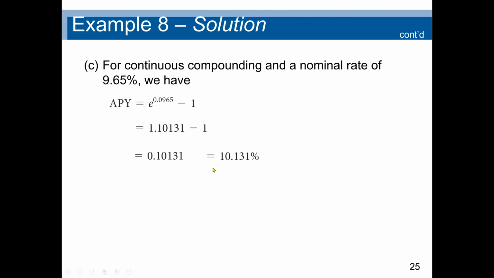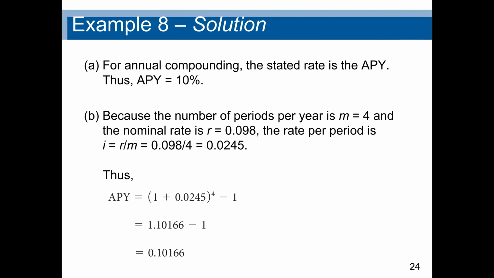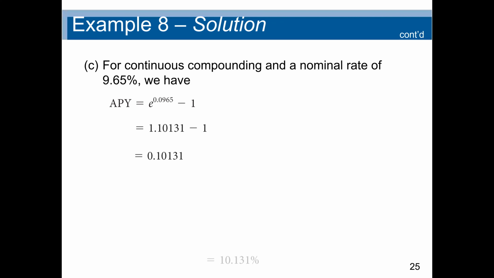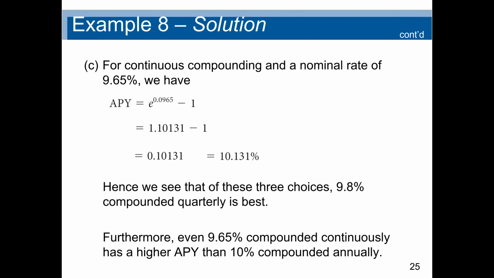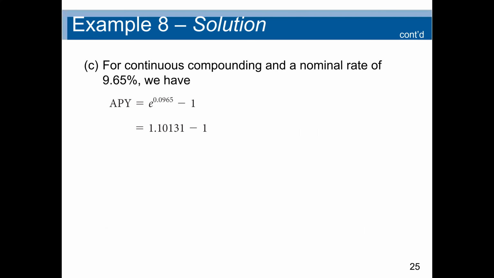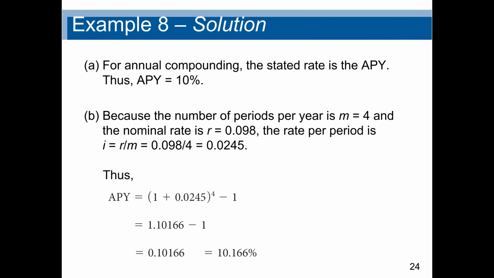So we can see the difference. So far we have 10.166 as the best, which is B. This one gives us 10.13. So we say that of these 3 choices, the 9.8% compounded quarterly is the best, because that gave us 10.166, the B.